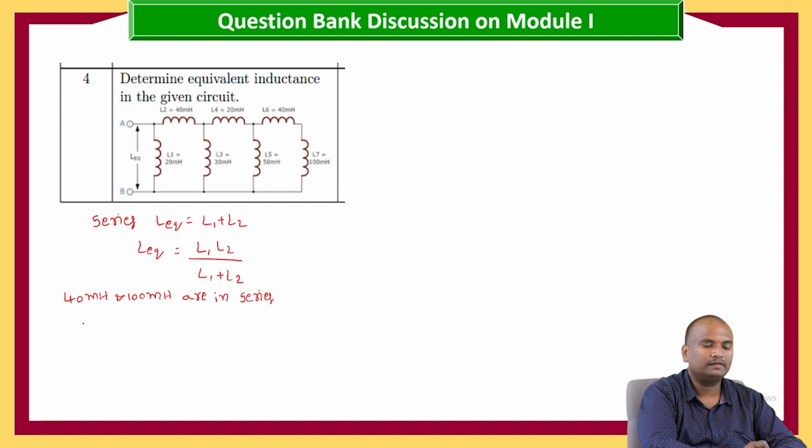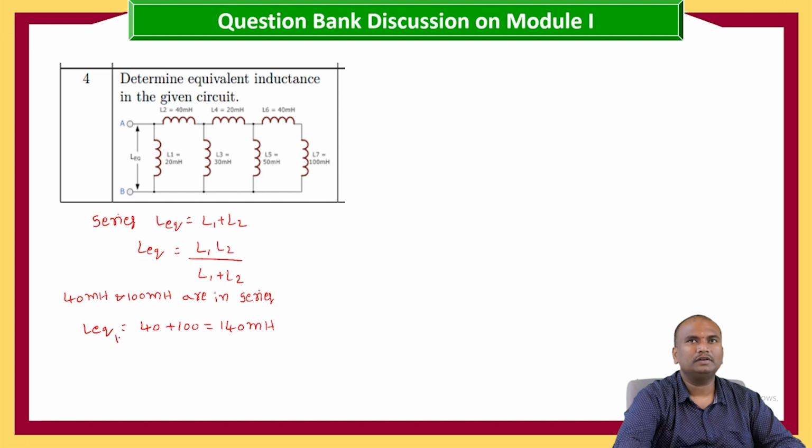When they are in series, L equivalent is equal to 40 plus 100, which is equal to 140 millihenry. This is L equivalent 1.